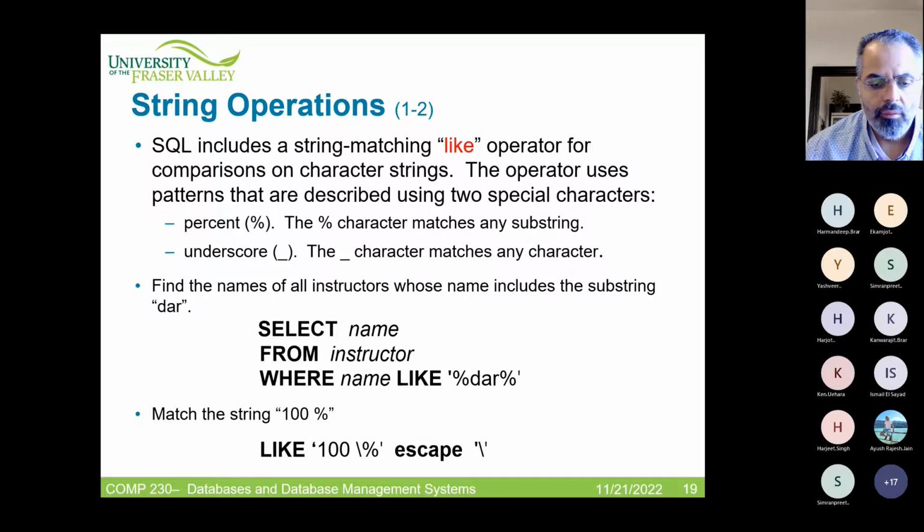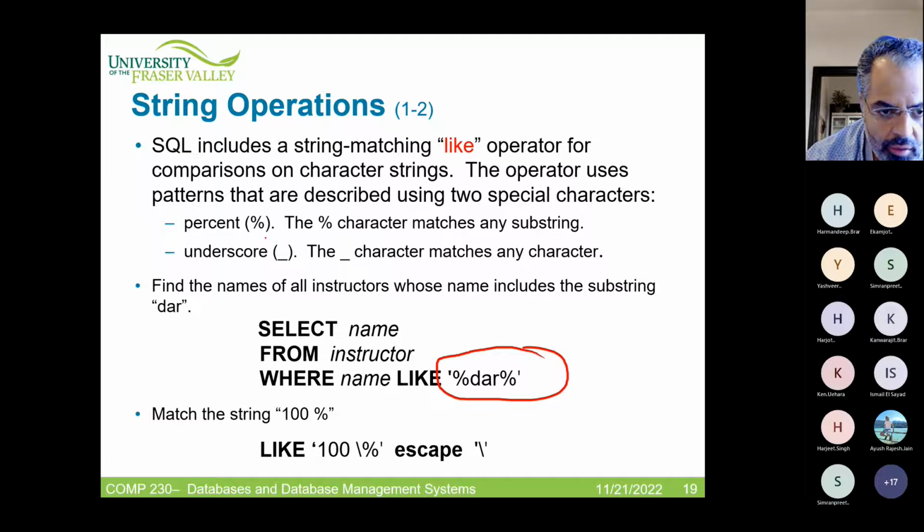In this case, it means that this is not the exact string, this is the pattern I'm searching for. If I use, as we mentioned here, a percentage like this, it means that I'm searching for a name that contains DAR.